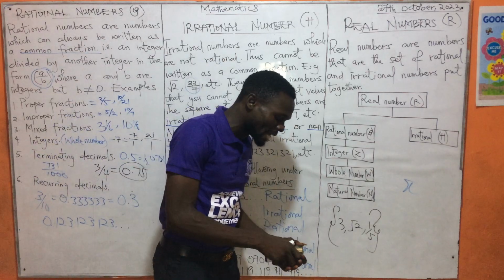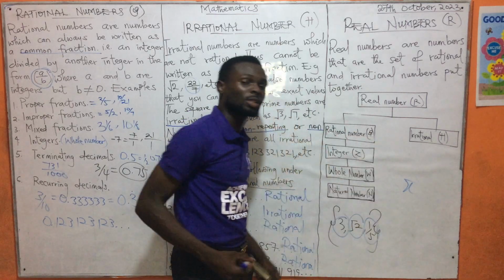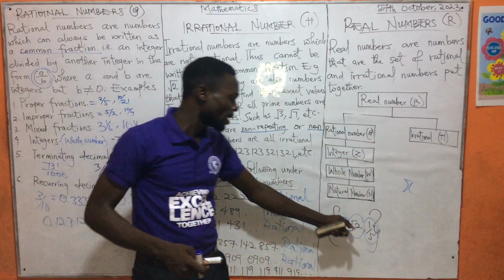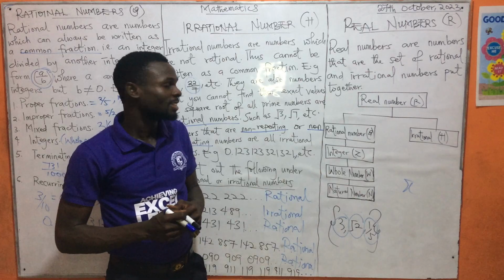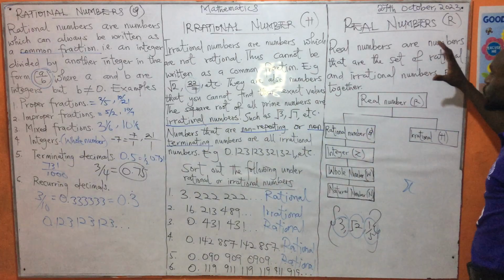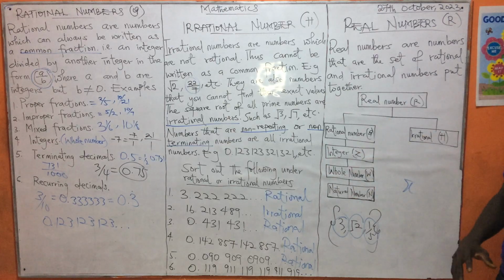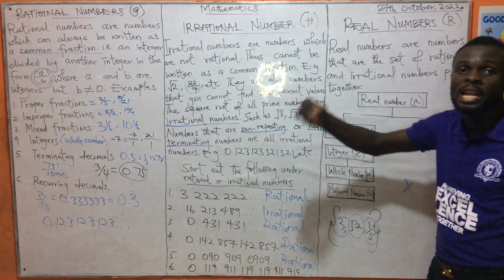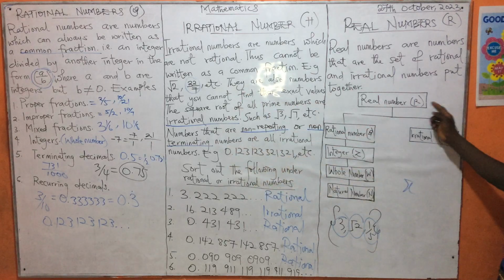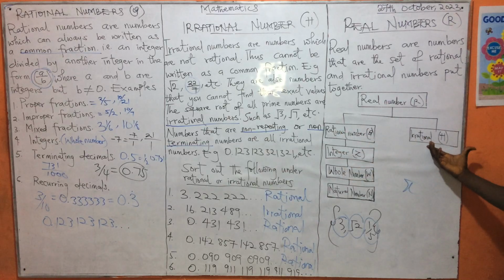Because we have a rational number, which is 3, 1 over 5, and we have an irrational number. Good. So when we put rational and irrational numbers together, that gives us a real number. This chart briefly shows how rational and irrational numbers are related to real numbers.